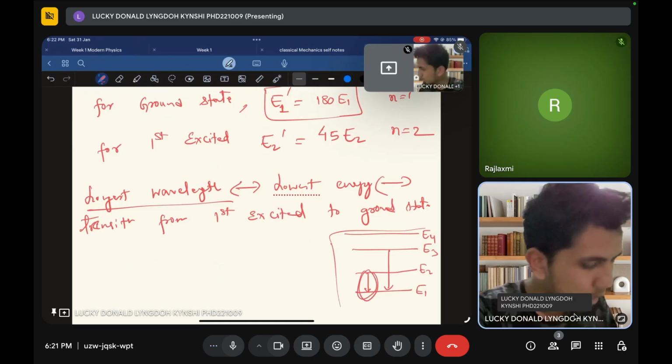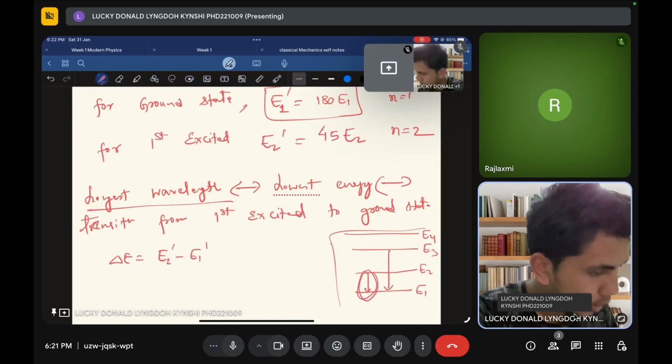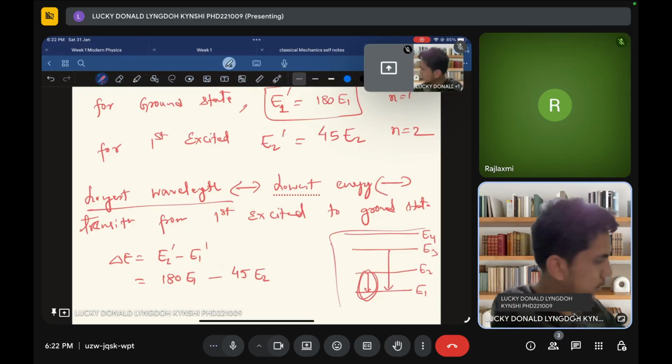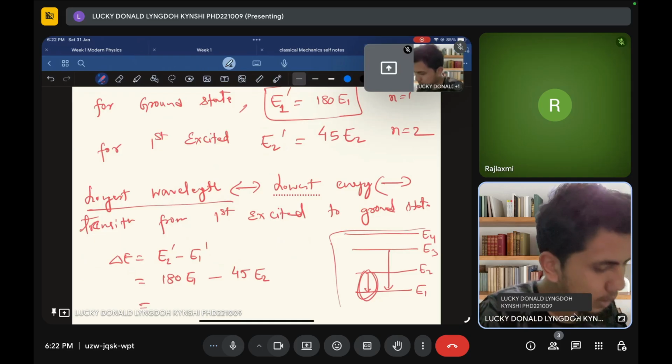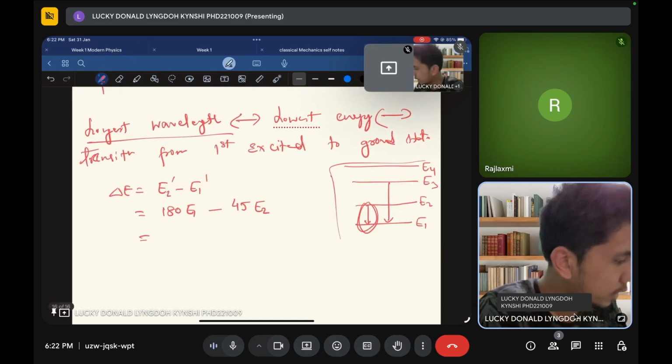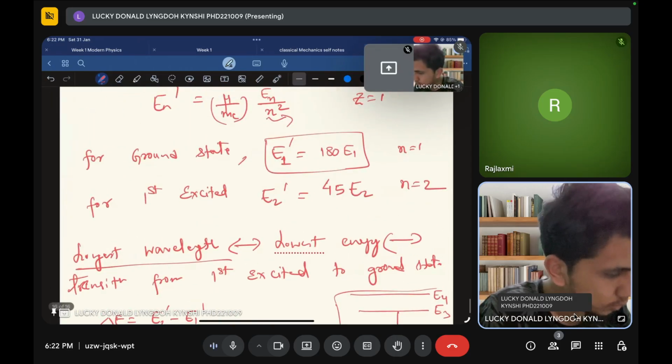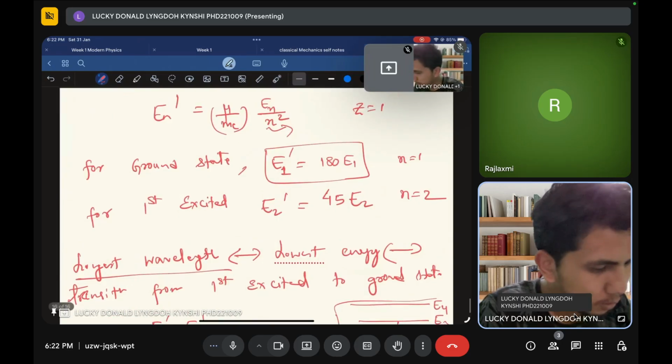So you have to find delta E equal to E2 prime minus E1 prime. You substitute 180 into E1 minus 45 into E2. Correct? And what is E1? Sorry, it should be 45 E1.